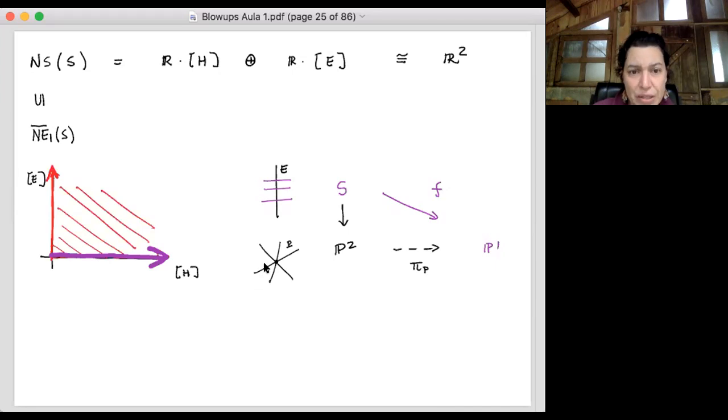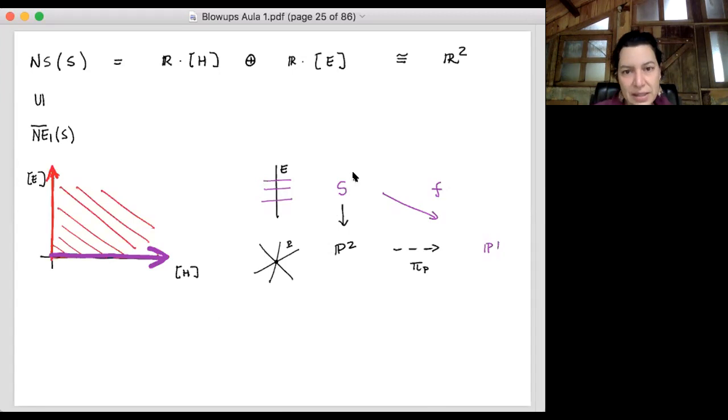This is usually not defined at the point P, and it contracts the lines through the point P to the different points of P1. When we blow up the point P, we resolve the indeterminacy of the projection from P, and so we get this morphism that I denoted by F from S to P1.